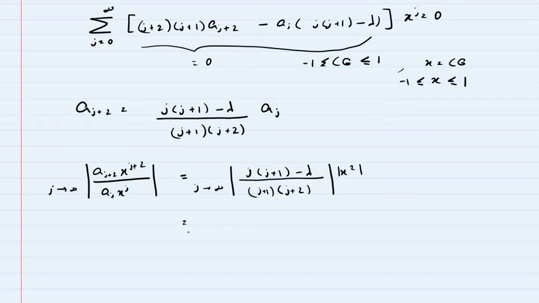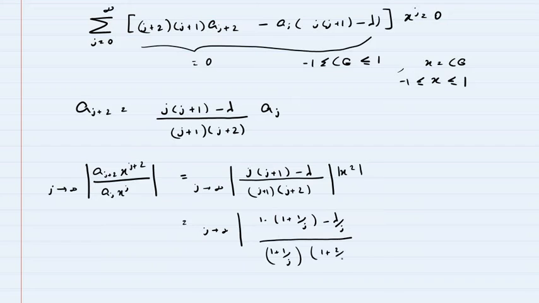We can write this as the limit j goes to infinity of 1 times 1 plus 1 over j minus lambda over j squared divided by 1 plus 1 over j multiplied by 1 plus 2 over j, times x magnitude squared.